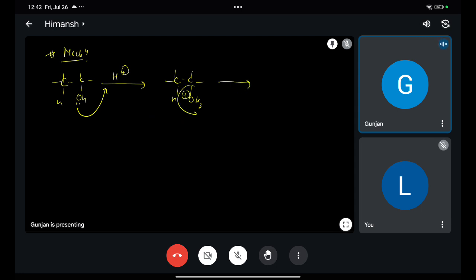It is unstable, so it will eliminate out. And we are getting this carbocation in that position. Whenever the carbocation is forming, the step is slow and rate determining step, and we are ultimately getting an alkene, right?